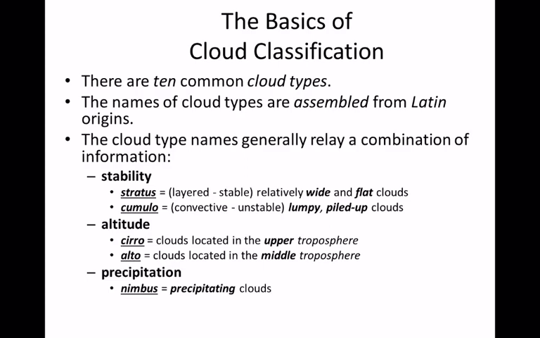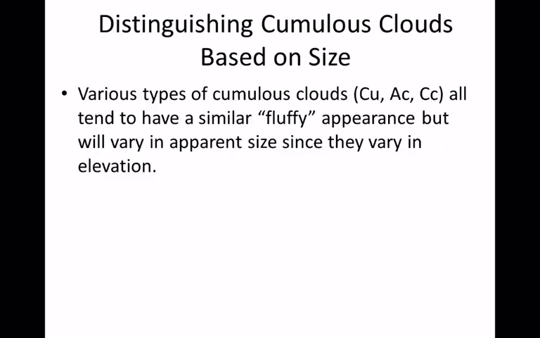And those 2 clouds need to have nim or nimb in them. Okay? So we mix and match the flat and fluffy, the elevation, and the precipitation to get 10 cloud types. So there's cumulonimbus and cirronimbus. Mm-hmm. Yep, exactly. Altostratus. Yeah.